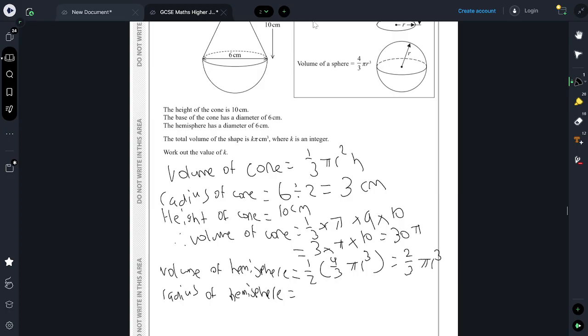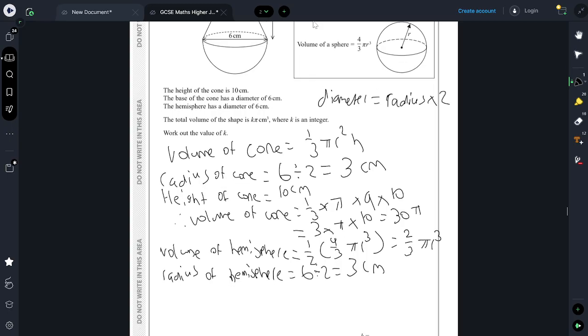Well, it tells us the hemisphere has diameter 6. So again, it's the same. The radius is going to be 6 over 2, because the radius is half the diameter. That's going to be 3 centimeters.